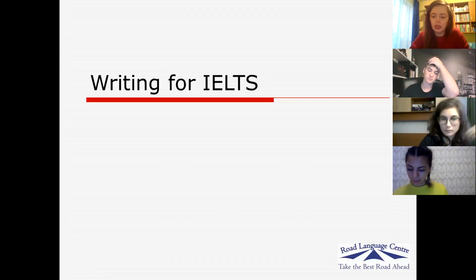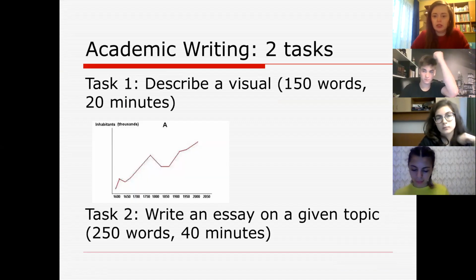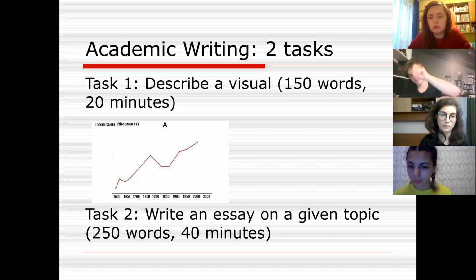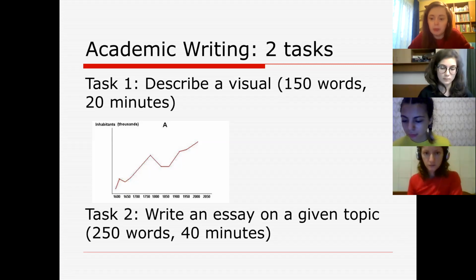We did discuss a bit about the writing part when we had the introduction to the course. So I will just remind you the structure, first of all. In the academic IELTS writing exam, you have 2 tasks and you are given 1 hour to do this. In task 1, you're supposed to describe a visual, meaning you are given information in the form of a graph or a bar chart or a pie chart.